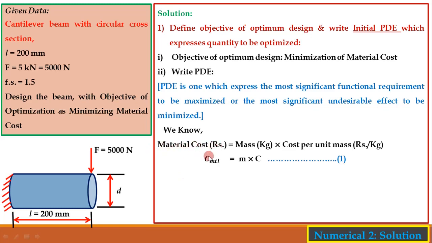Material cost is designated by C suffix MTL, that is C material cost. Mass in kg is designated by small m, and cost per unit mass in rupees per kg is designated by capital C. Equation number 1. Now we have to replace this m in terms of rho, diameter d, and length L.